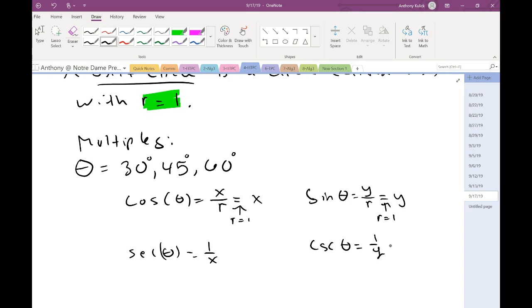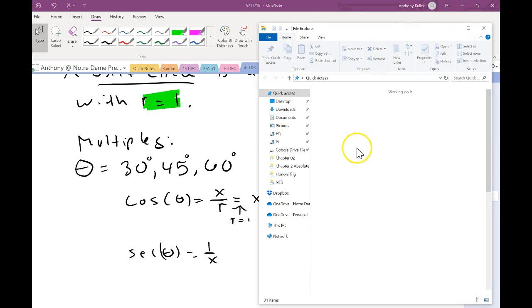We'll fill this in together. Don't worry if you make a mess out of it. I've posted a blank copy on our PowerSchool page if you want to print another one out and start over again. I've also posted one of these unit circles that's filled in and typed, so it's nice and neat. Everybody okay with that? All right, so let's drop this in here and we'll fill this out together.